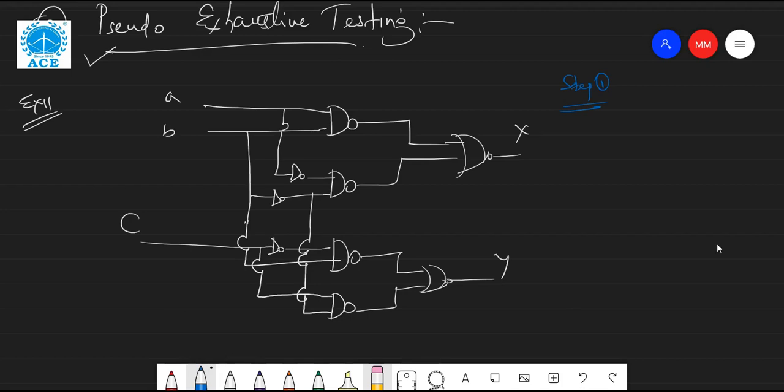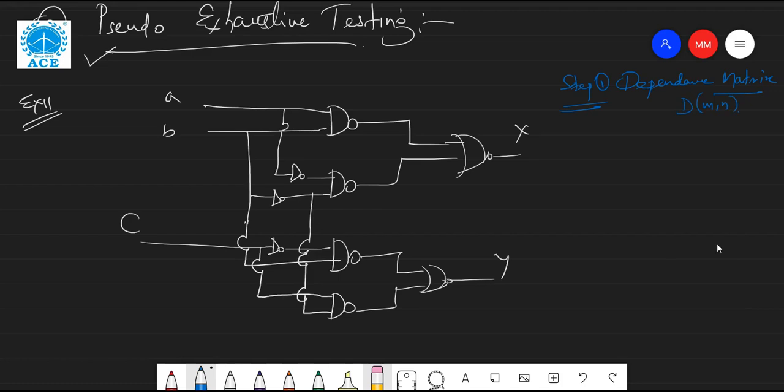So step one, this is generally called the dependence matrix. We need to generate a matrix, generally called D, with rows and columns as inputs and outputs.